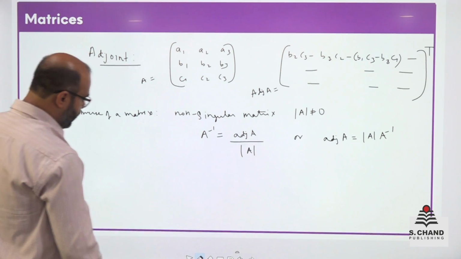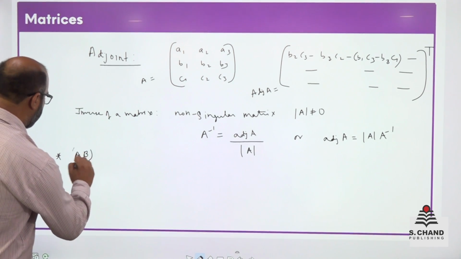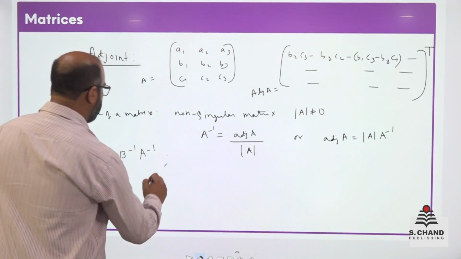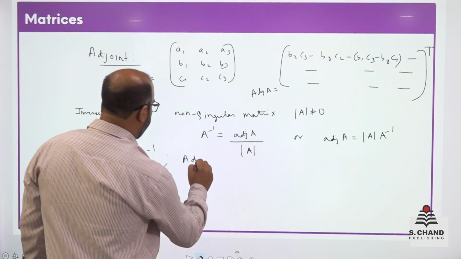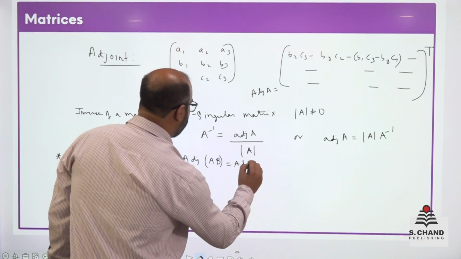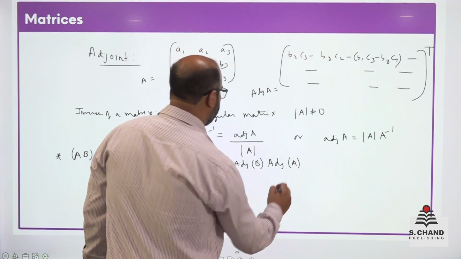Further, there are some important rules, that is, inverse of AB is B inverse into A inverse. Similarly, adjoint of AB is equal to adjoint of B into adjoint of A. Order reverses in all these.